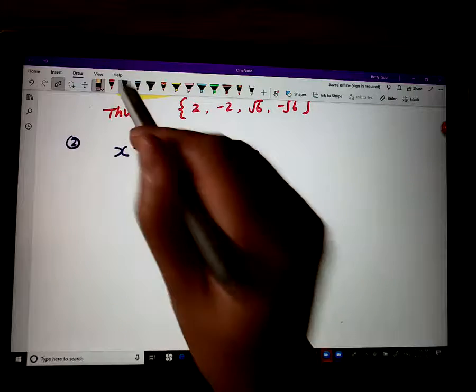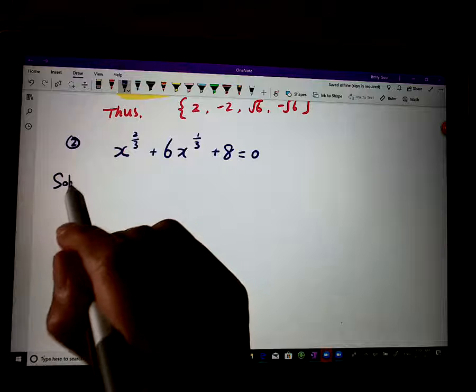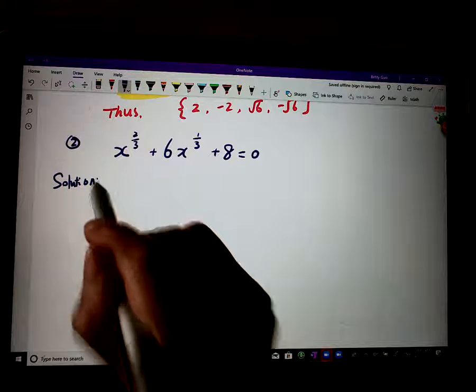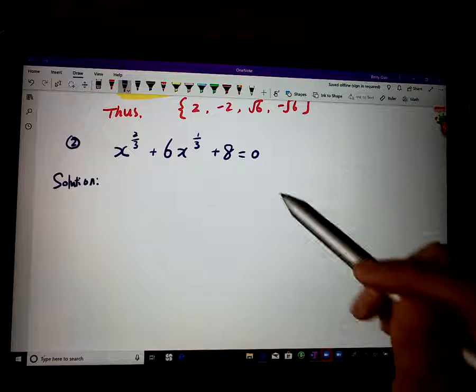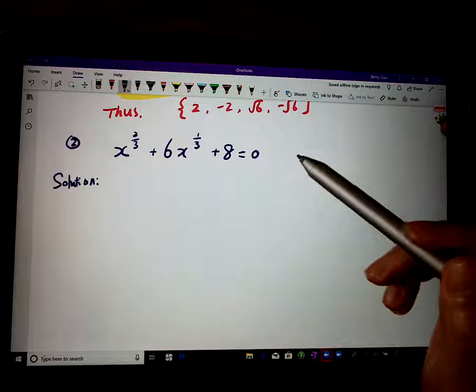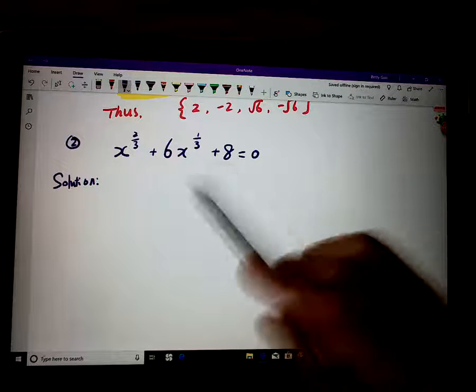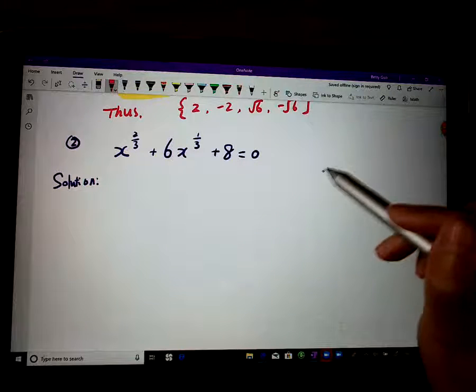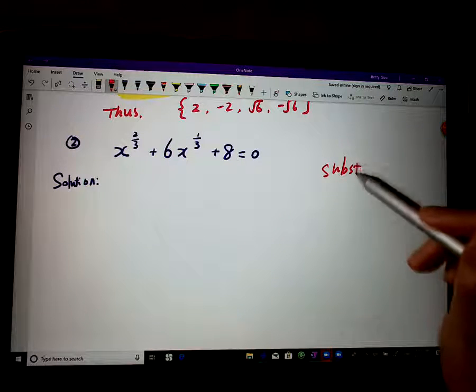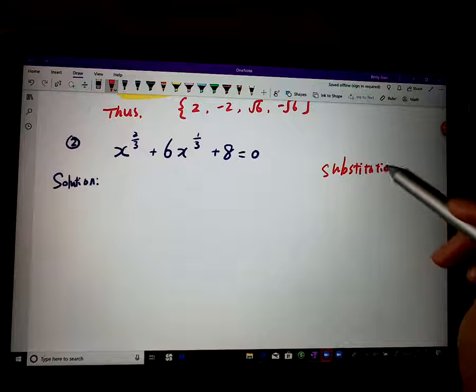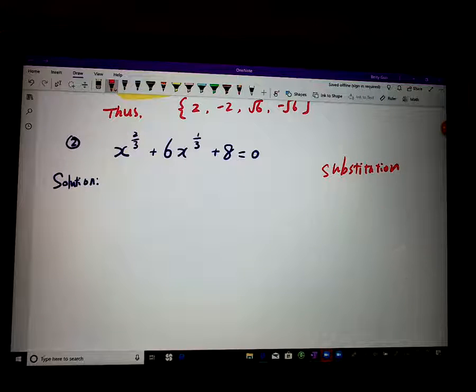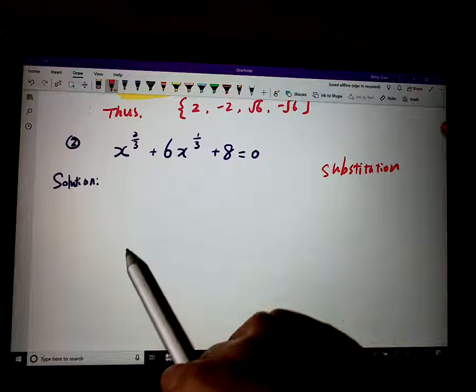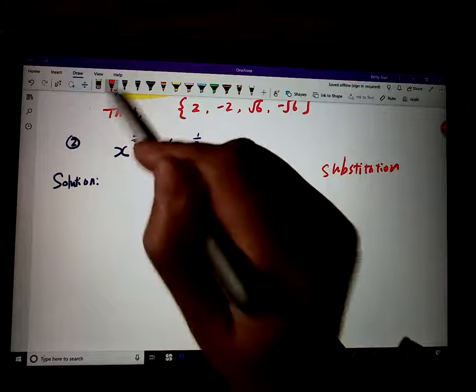Then how do we solve it? We use the same idea. We use the same process to solve this equation. We are going to apply a substitution. I'm gonna apply u again. We're gonna create a new variable u.